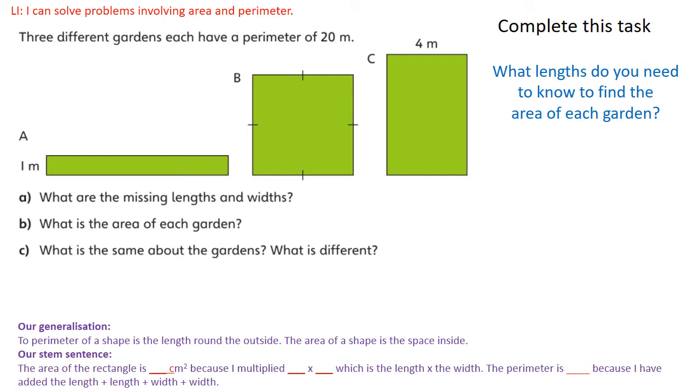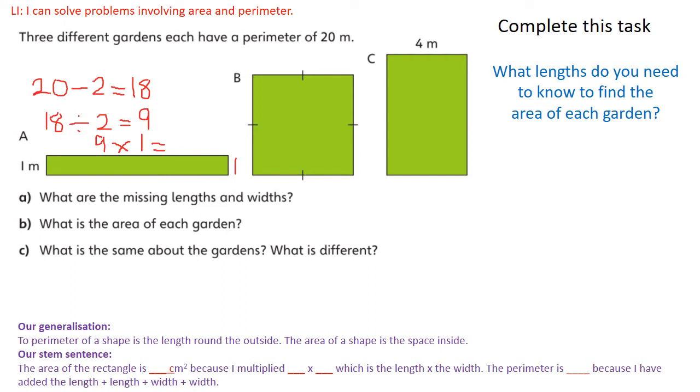So we're going to think that the total perimeter is 20. We have two sides that are 1 meter. So that means 1 plus 1 equals 2, and we need to find out the length of the other two sides.